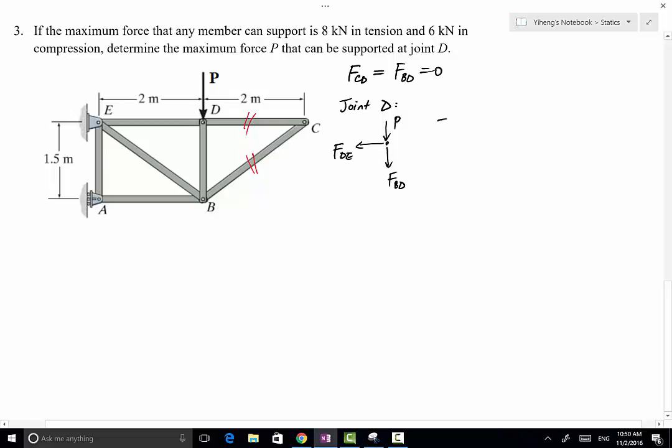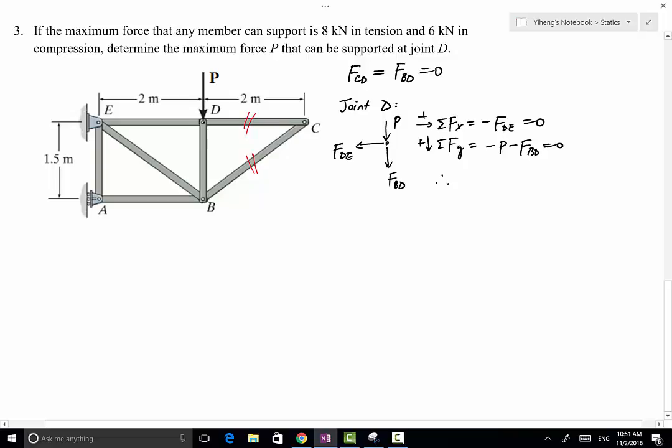Along the x direction, Fx equals negative FDE, and that equals 0. Resultant force along the y direction equals negative P minus FBD, that equals 0 as well. Again, I'm using the conventional x and y coordinate system.